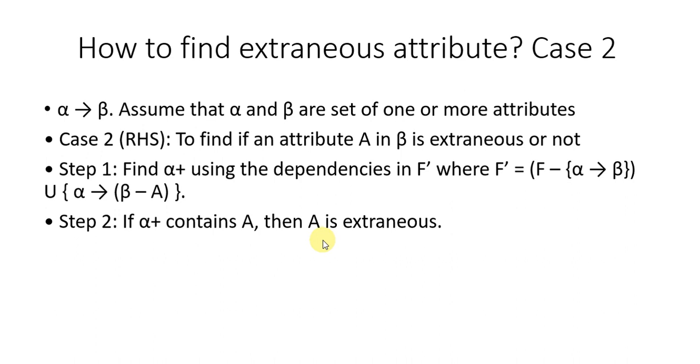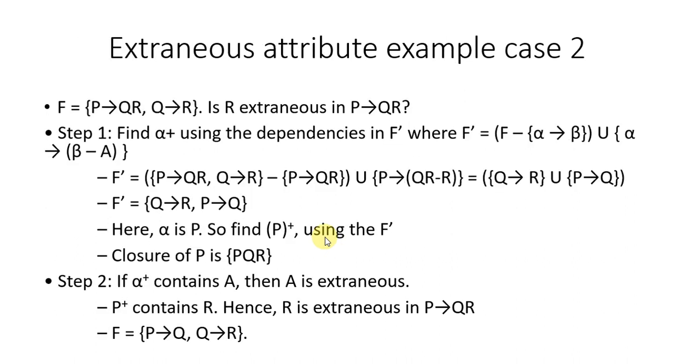So the first step is to find alpha plus using the dependencies in F dash, where F dash is F minus alpha to beta, union alpha to beta minus A. So that is the given F. F contains P to QR, Q to R.